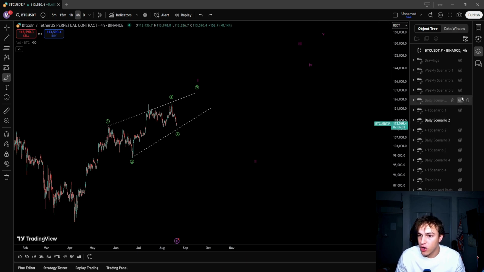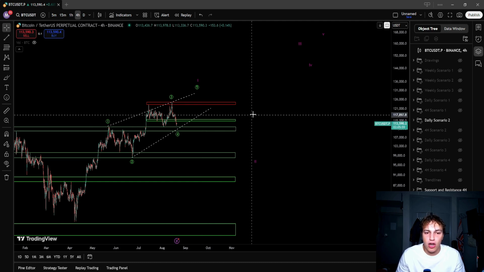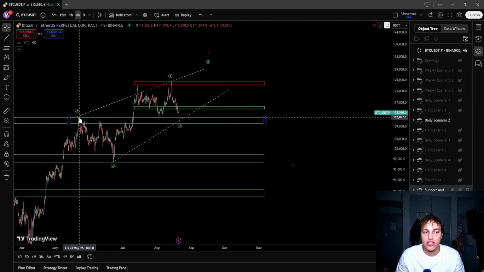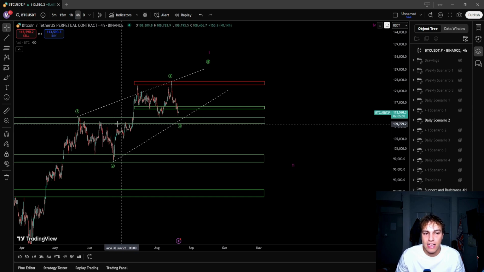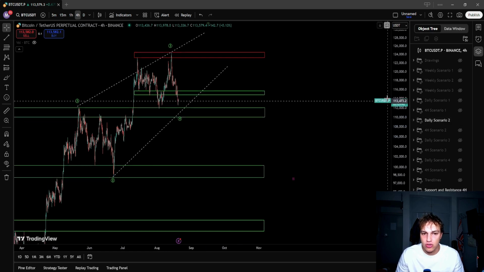Now, if we look at our support and resistance at the moment, we can see that just below us, we are having a good resistance area. The top at 112,000 previous, used as resistance many times before, flipped into support, and now we are looking for another time where it is going to flip into support.